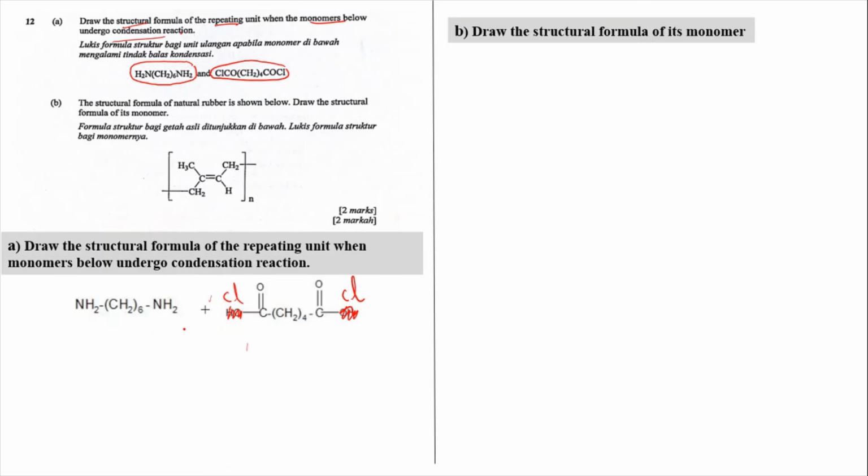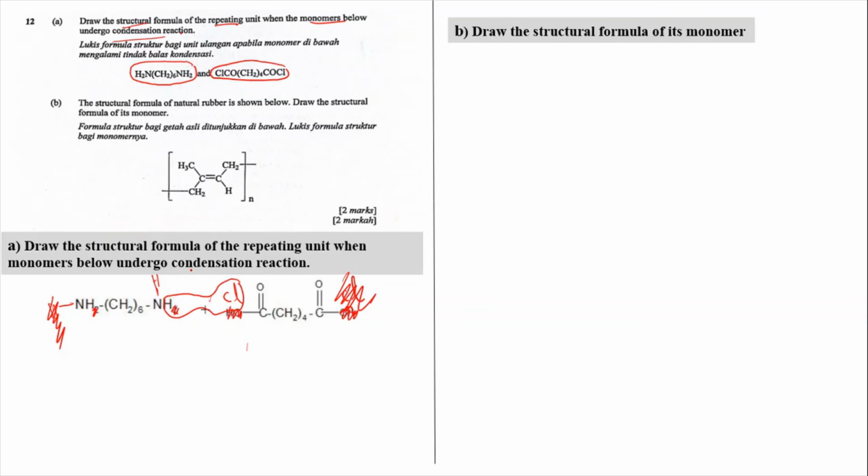So what's going to happen here is that they're going to undergo condensation reaction, where the NH2 you can expand to be NH and H. So HCl is removed as the byproduct, and one of the hydrogens will also be removed. Same goes to the Cl here.